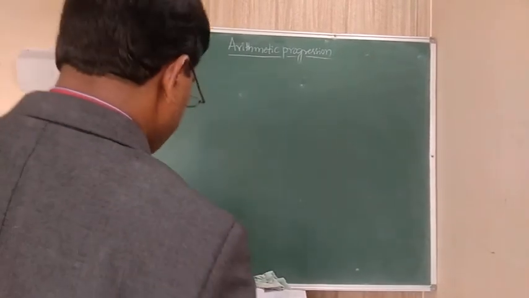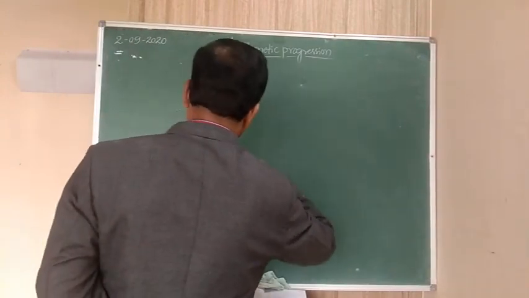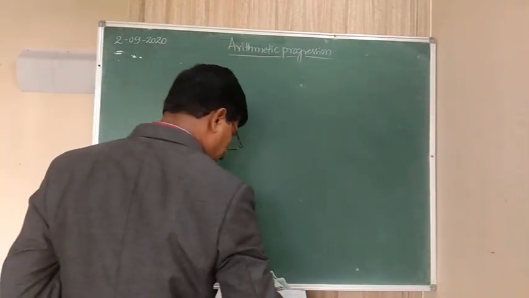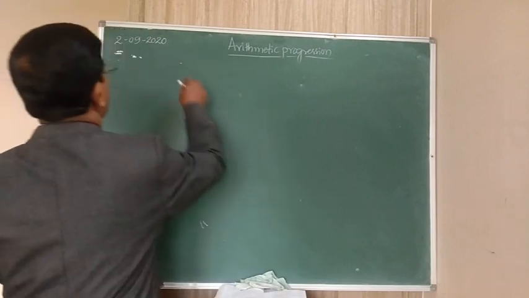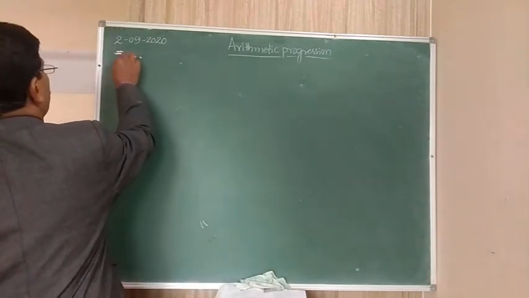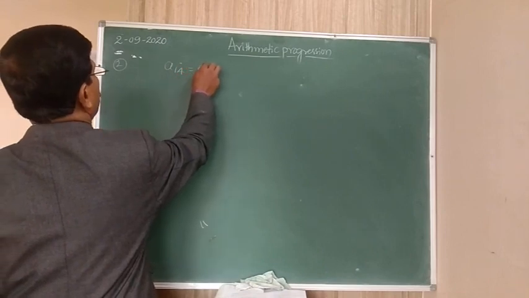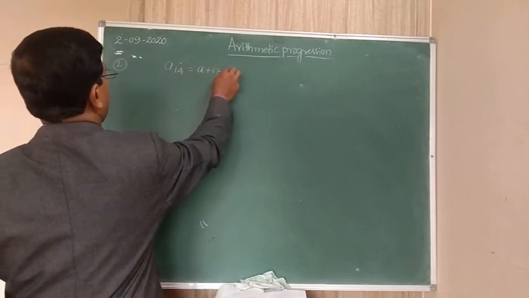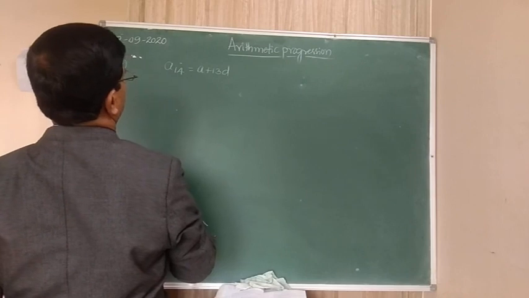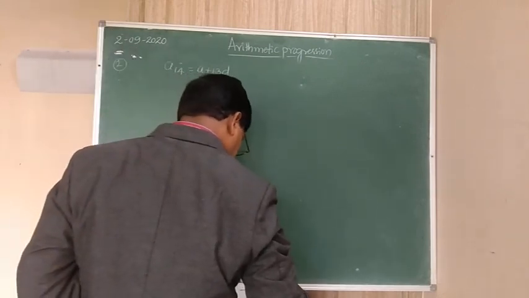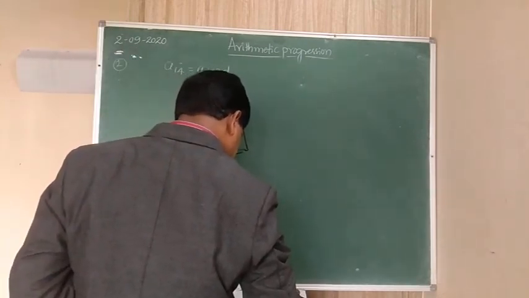Now, in the previous problem, we got the wrong answer, because see the previous problem only. A14 is equal to A plus 13D. Okay. Now the 14th term is twice its 8th term.